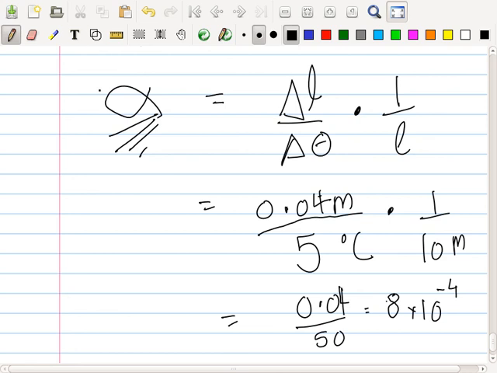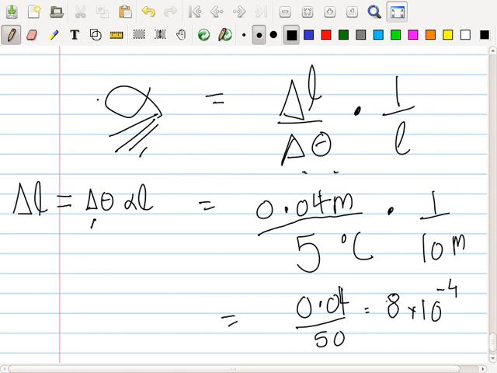Anyways, look, you can rewrite this if you want. You could also say, look here, delta L equals delta theta times alpha times L, if I just bring these two up here. So in other words, my point is this.